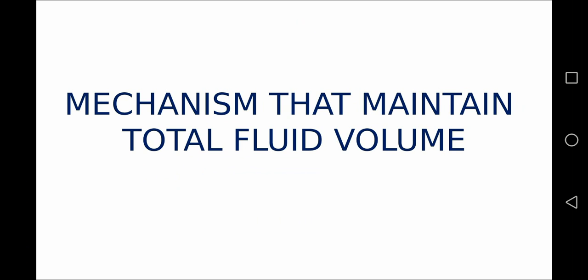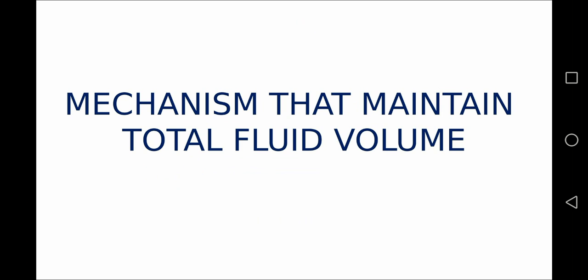The body maintains a normal fluid level by the osmoreceptor system in interaction with the circulatory system. Through this system, the body regulates the water output volume to balance the fluid intake volume. We can see how this mechanism is acting.